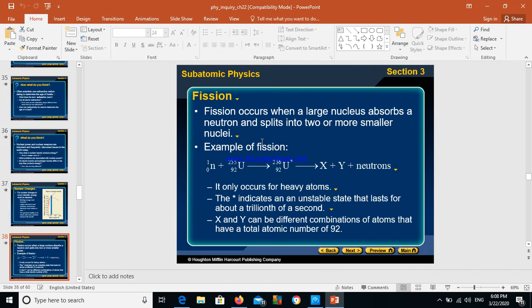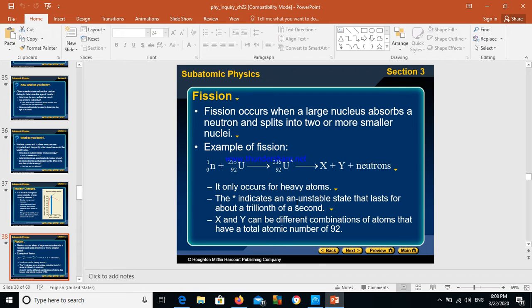For example, when you bombard uranium-235 with a neutron, it produces uranium-236. The star indicates an unstable state, so it will change to other atoms to become stable, producing radioactive radiation.